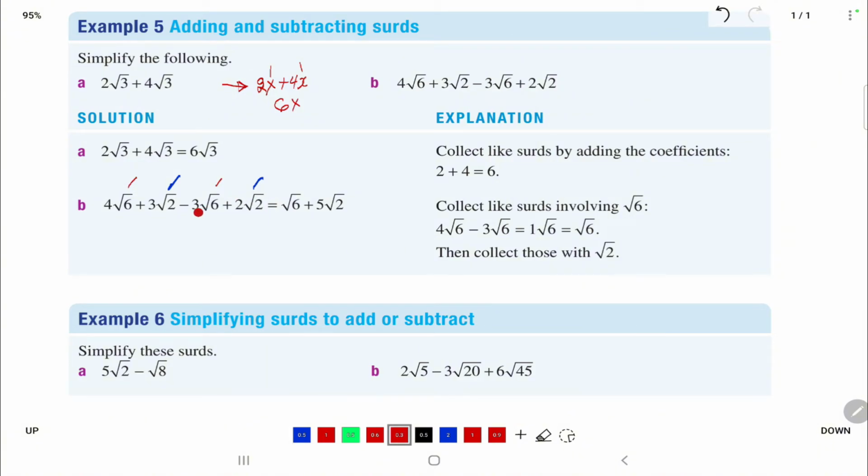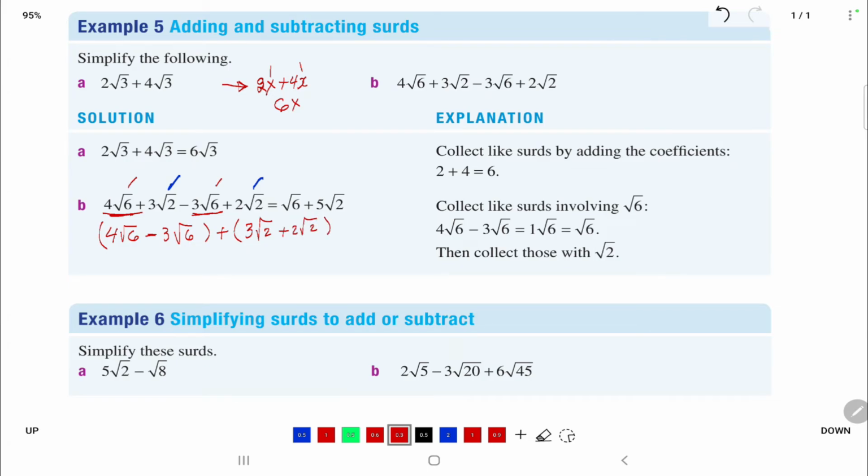So I'll collect these two terms, 4 under the square root of 6 and minus 3. I'll do it like this: 4 under the square root of 6 minus 3 under the square root of 6. I'll collect like this. You see, here it is plus 3 under the square root of 2 plus 2 under the square root of 2.